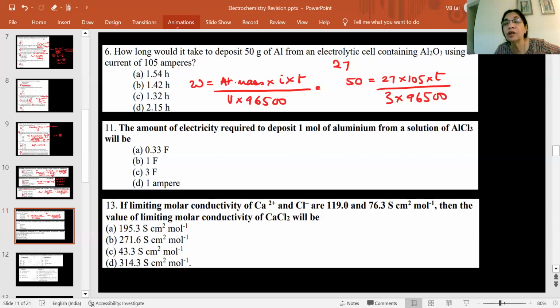So what is T equal to? You will get T in seconds. So T will be equal to 50 into 3 into 96500 divided by 27 into 105.